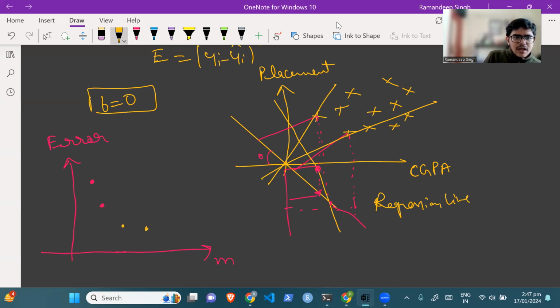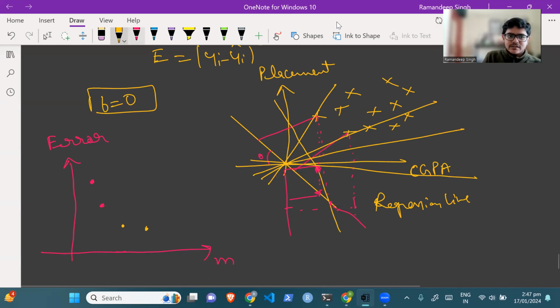And if I don't stop here and keep on changing the slope of my model, you will again start seeing that the errors are starting to increase, and the error will be plotted like this.